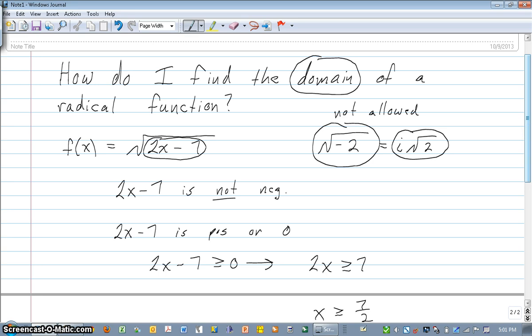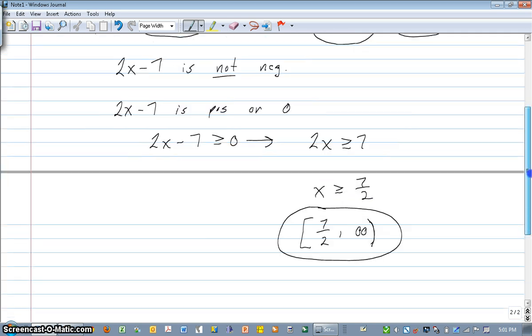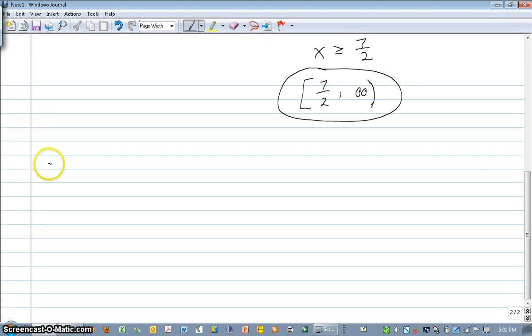Now it turns out that this idea that we can't have a negative number underneath a square root applies to any even root. So if I took, say, this function, let's just make it easy, the fourth root of x minus 6, the same idea applies. We don't want a negative number under any even root.